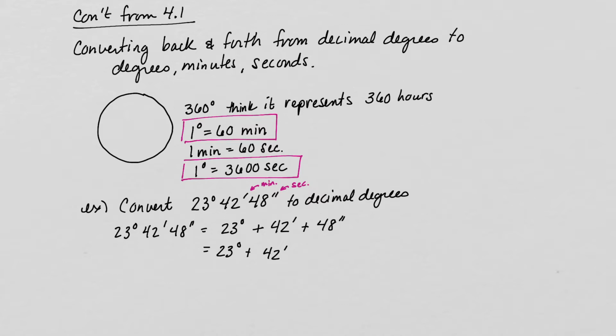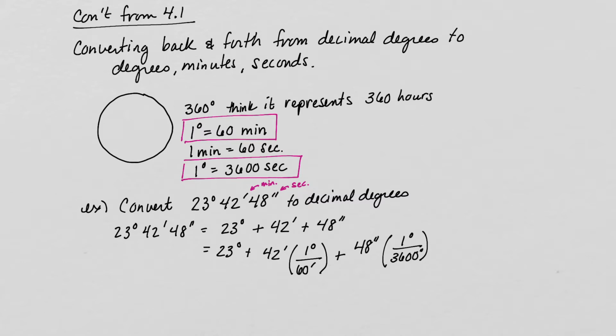I want to get to degrees, so we multiply by 1 degree over 60 minutes, plus I have 48 seconds. Again, 1 degree is 3,600 seconds, and I want to get to degrees, so 1 degree divided by 3,600 seconds.